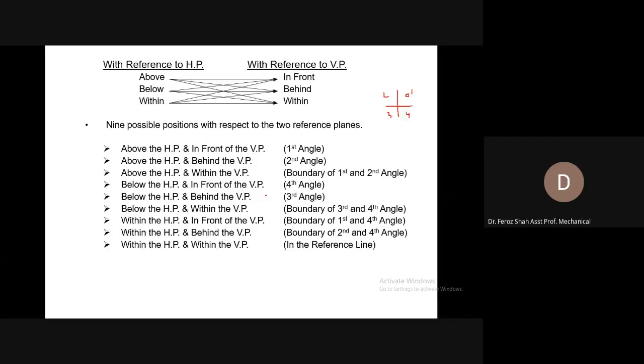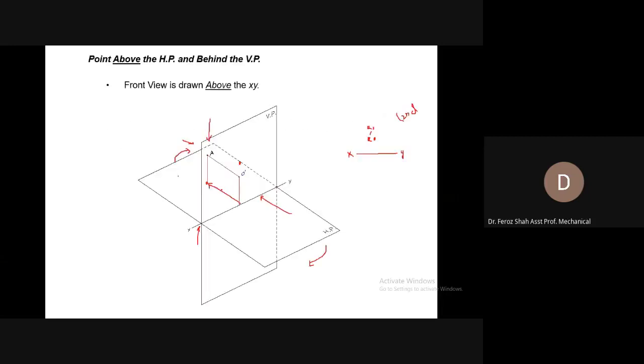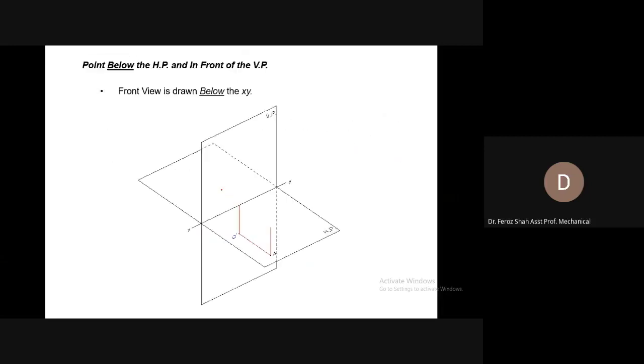Now, the fourth case is below the horizontal plane and in front of the vertical plane. So you can see that the point A is lying below the horizontal plane and in front of the vertical plane, basically in the fourth quadrant.